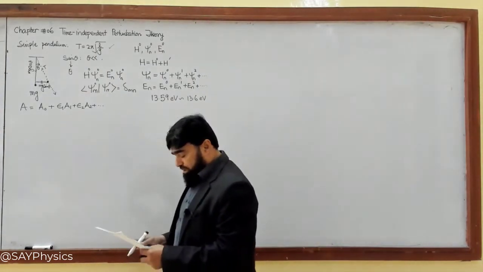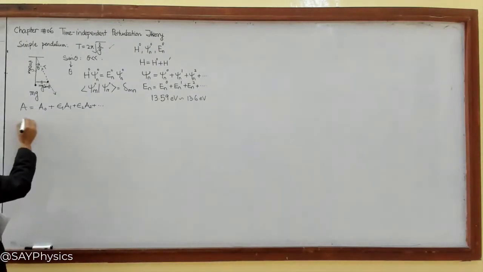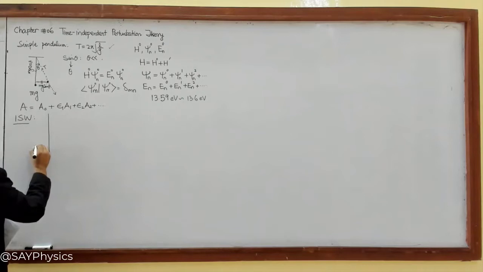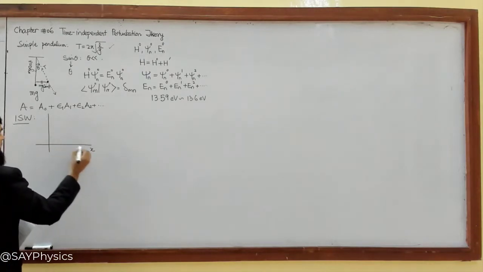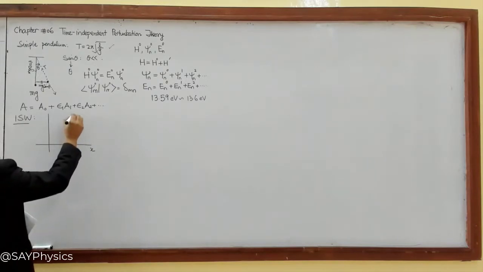Now, to consider an example of this, let's say we have already solved the infinite square well problem. In the infinite square well problem, on this side you have x, and this is the potential. V is infinite on this side.